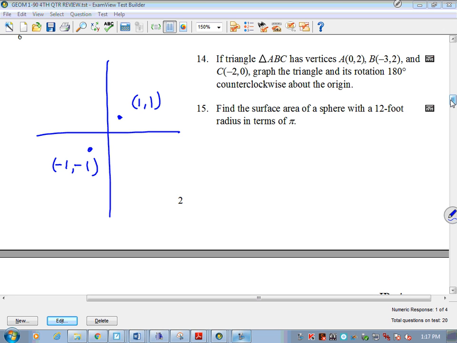They both change signs. They don't flip locations. They just change. So what I'm going to get is 0, negative 2, because 0 doesn't have a negative. I'm going to get 3, negative 2, right? And 2, negative 0. Kidding, just 0.